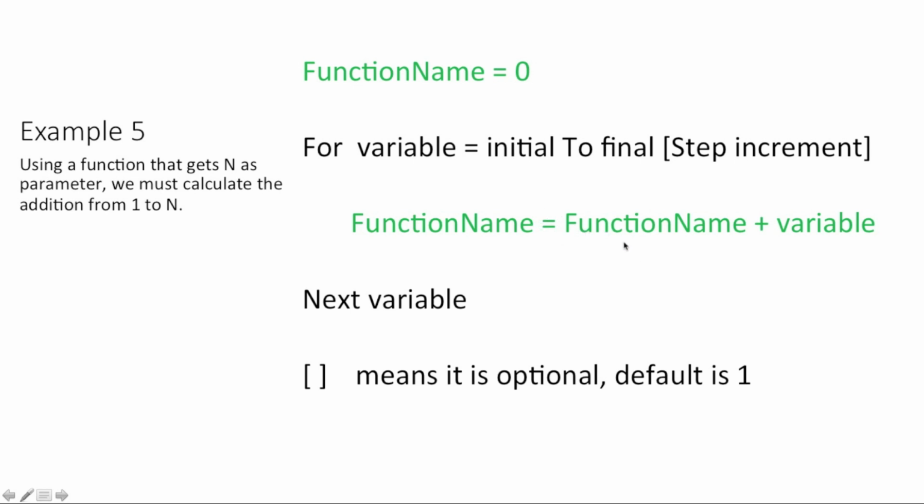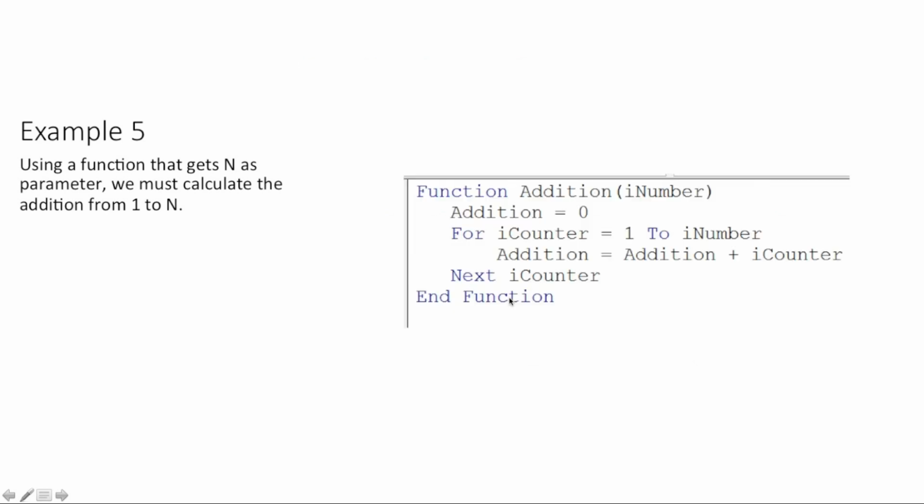So it's very important to assign the function name to the same function name plus the value you want to accumulate to our function name variable to get the final result. So don't forget, you have to initialize that with 0 before the loop, and our variable will be added every time to our function name by using function name equals function name plus variable.